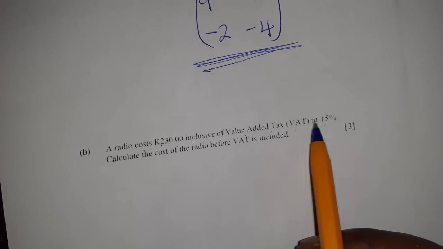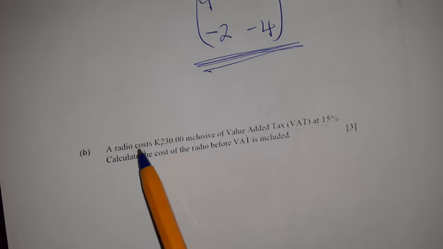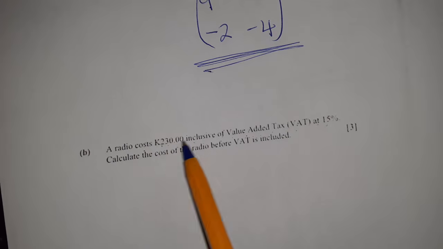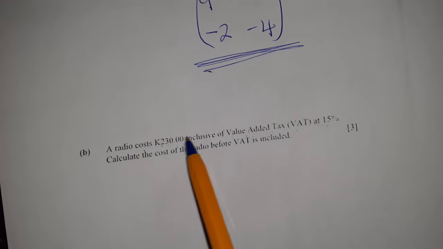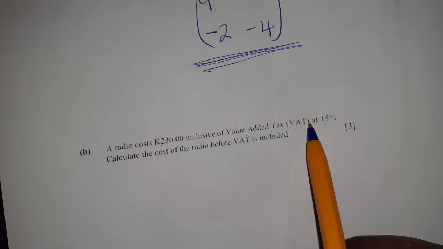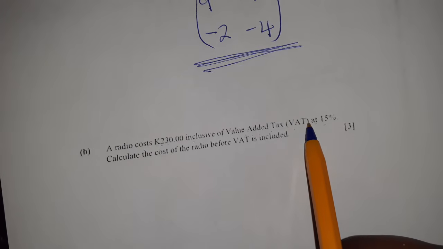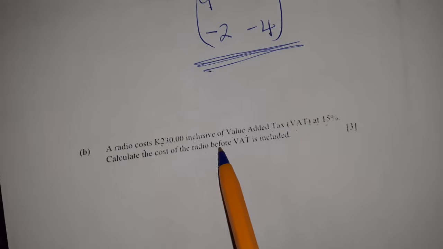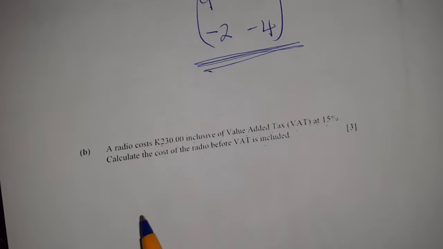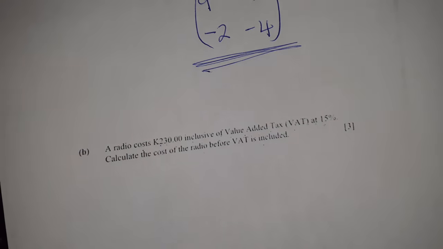So this amount includes 15% of VAT. Now we want to calculate what was the cost of the radio before VAT was included.